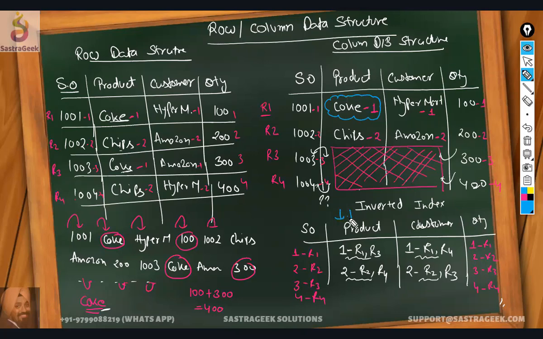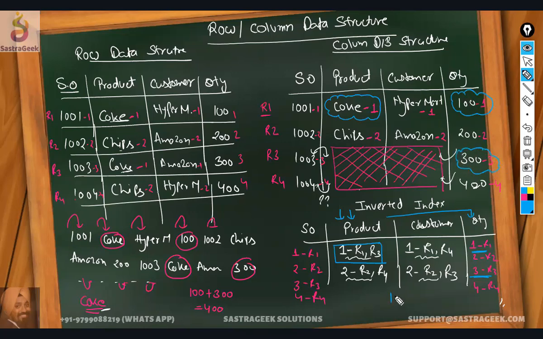The system will understand from here that 1 is linked with R1 and R3. After having this information, it will directly jump to your quantity column. It will read R1 is 1, R3 is 3. Then it will read from here that 1 is 100 and 3 is 300.